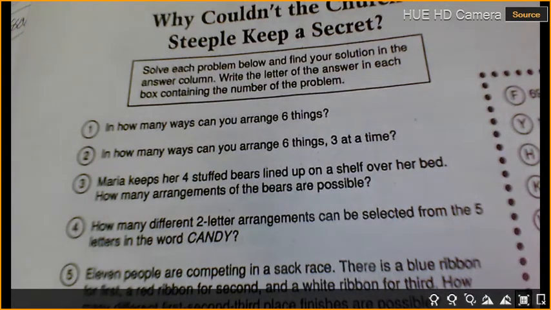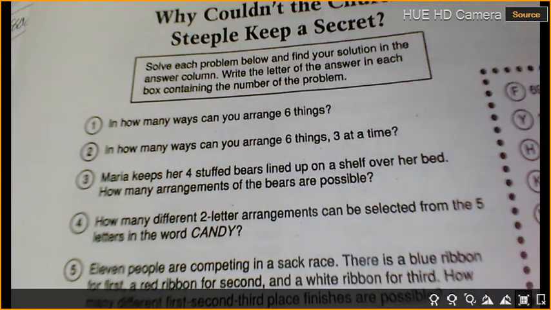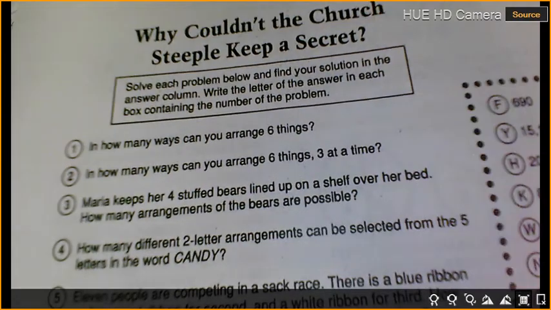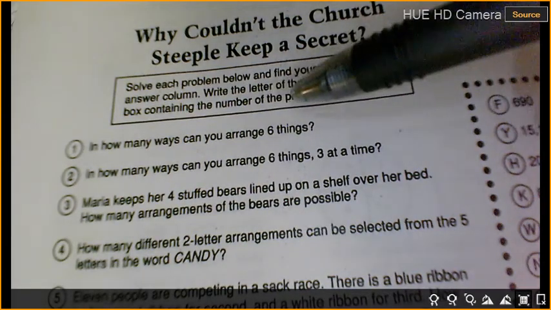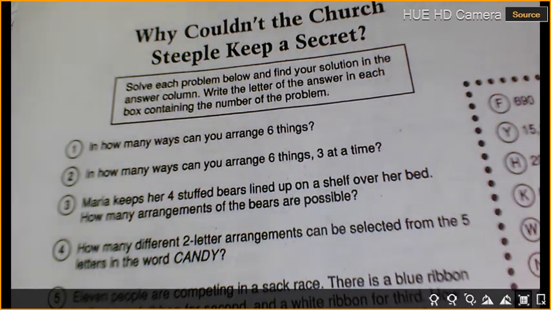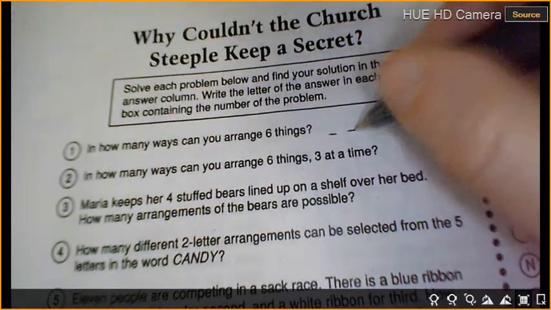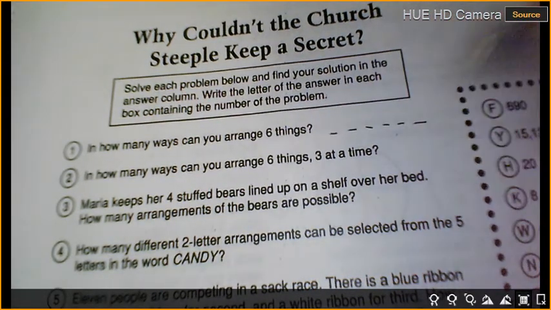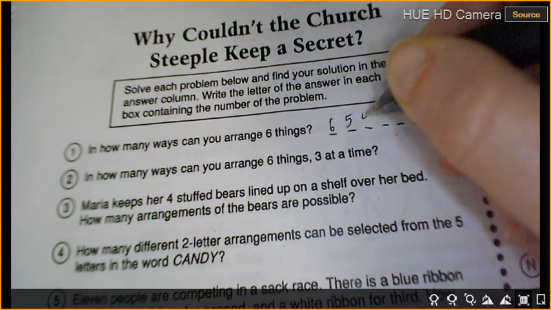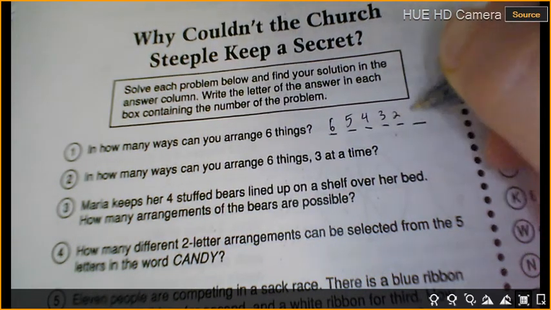Same thing, it's like a coded thing. Number 1, whatever number you find, find the letter over here and then put it at the bottom. In how many ways can you arrange 6 things? You kind of think of it as possibilities like this: 1, 2, 3, 4, 5, 6. So you have 6 possibilities, then 5, 4, 3, 2, 1.